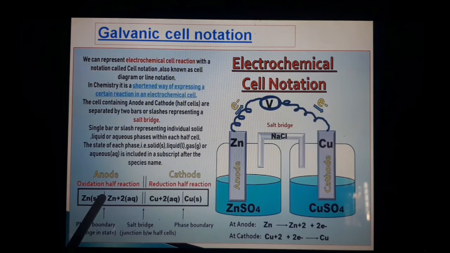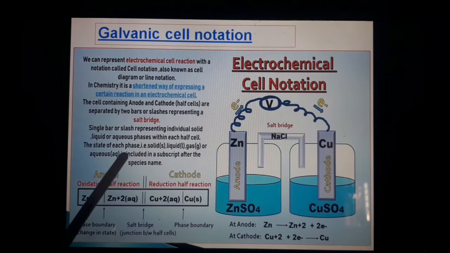In each part, the single line is represented by the phase boundary, a change in state, that is solid and aqueous. Here aqueous and solid, this is the separation by a single slash.